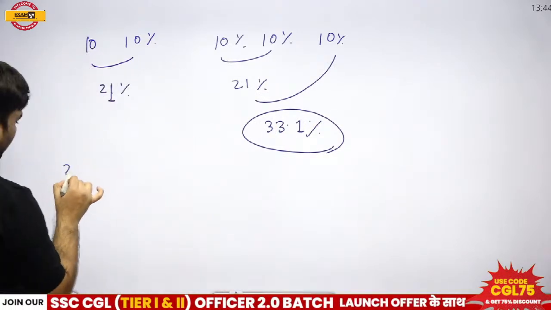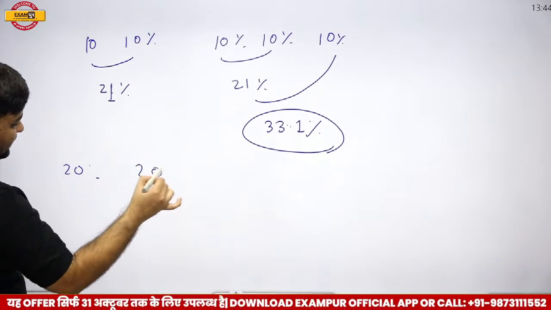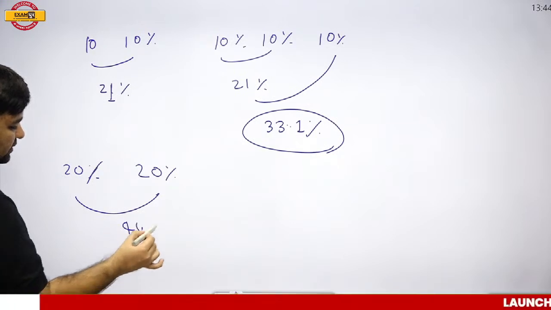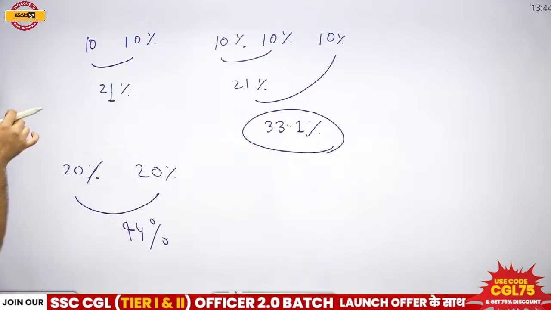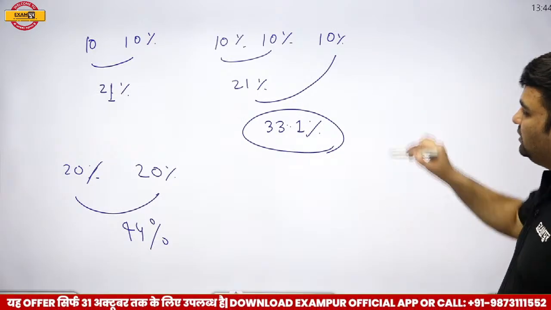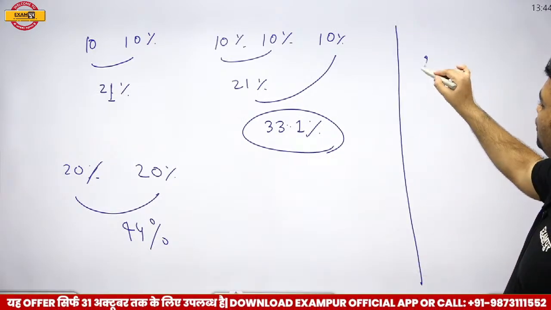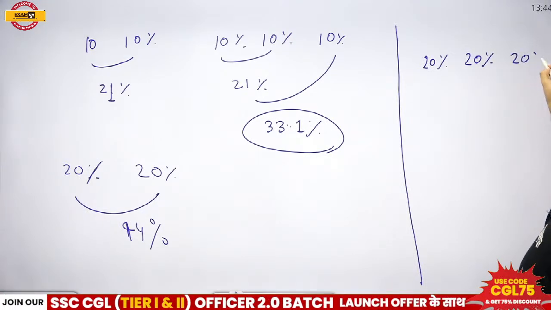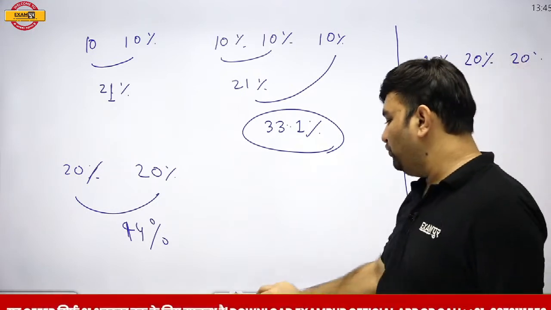What is the effective of 20 and 20? The effective of 20 and 20 is 44%, using A plus B plus A into B upon 100. What is the effective of 20, 20 and 20?